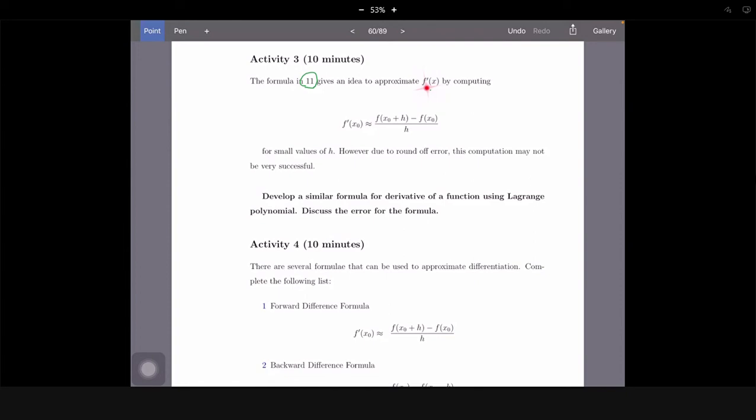For a small value of h, however, due to round off error, this computation may not be very successful. Because of the approximation, the answer is not exact.